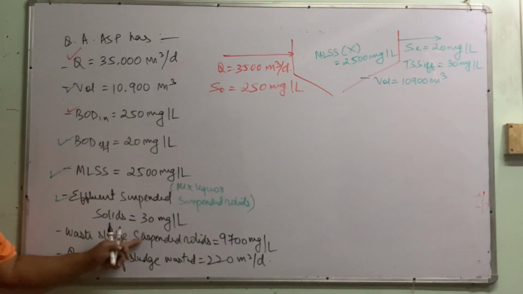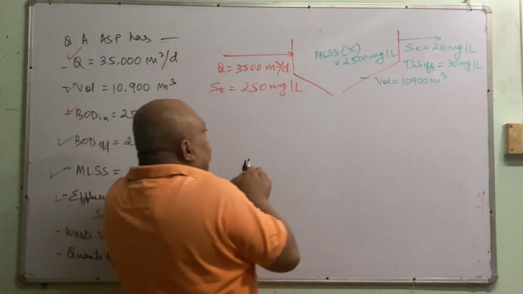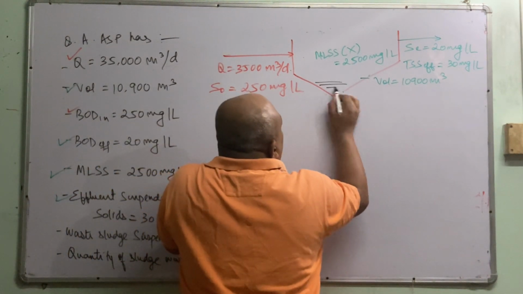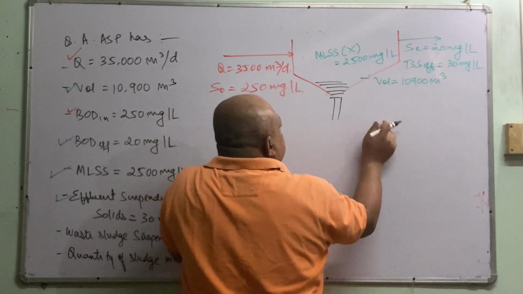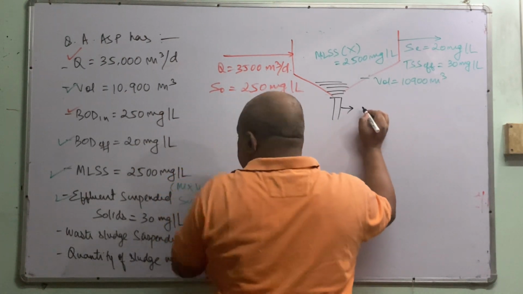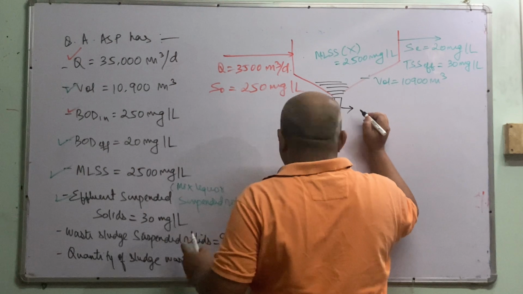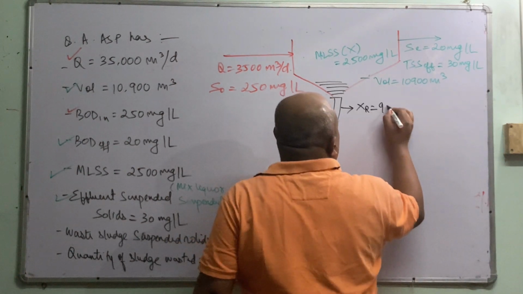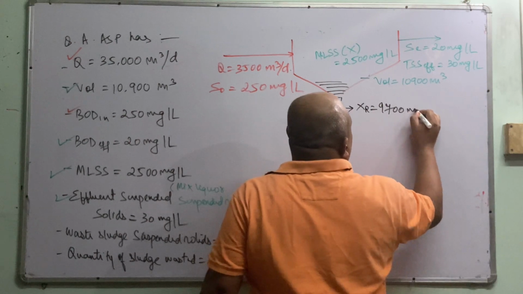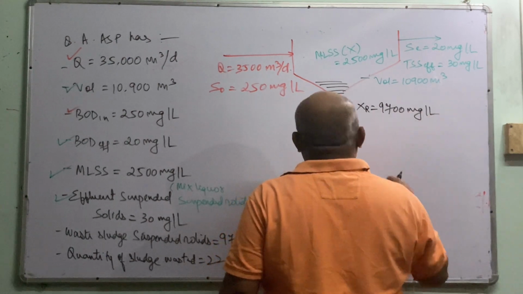Wasted sludge suspended solids. Here, the solids that are wasted over here, maybe recycled or maybe wasted, whatever. This XR is equal to 9,700 milligram per liter.